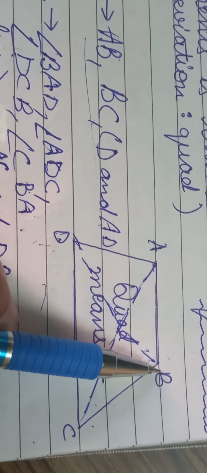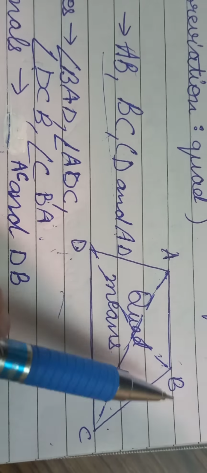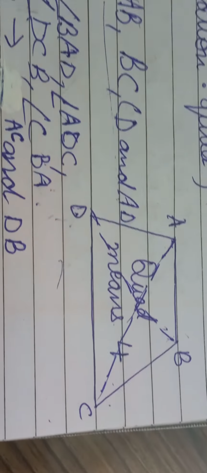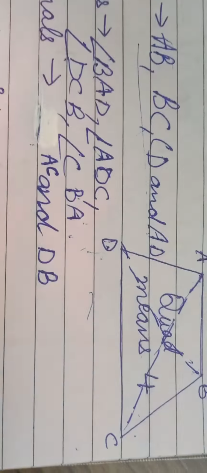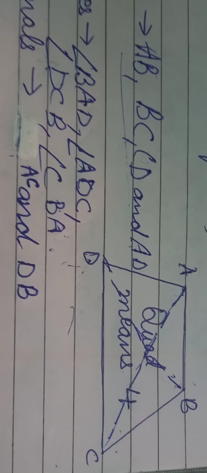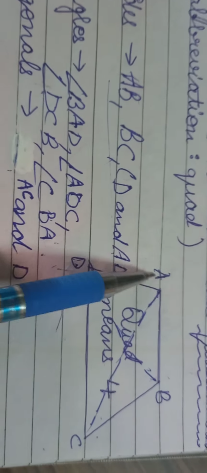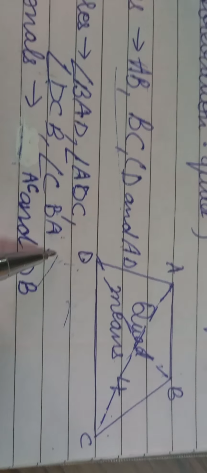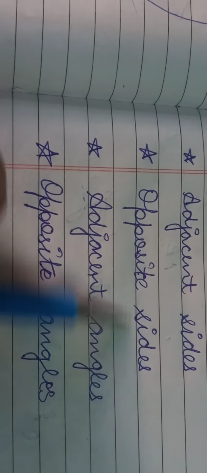So angle ABC is opposite to angle ADC. These two are opposite angles. BAD is opposite to BCD. Also, we have four opposite angles the same way, because in this we also have four. So let's move to the next page.